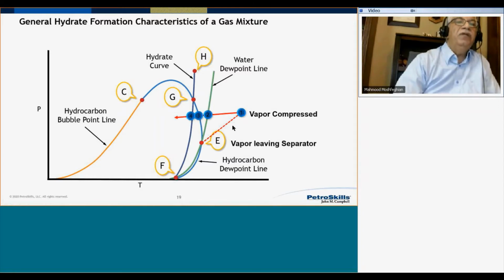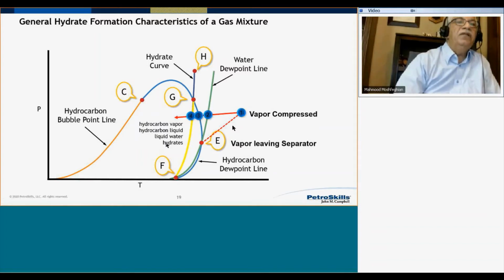That's the problem that starts: deposition of hydrate, causing trouble. So to the right of the yellow curve from point F to point D, I have 4 phases: vapor phase, liquid water, liquid hydrocarbon, plus the hydrate phase.